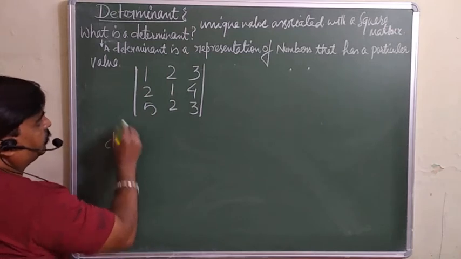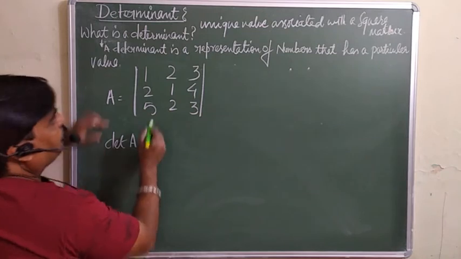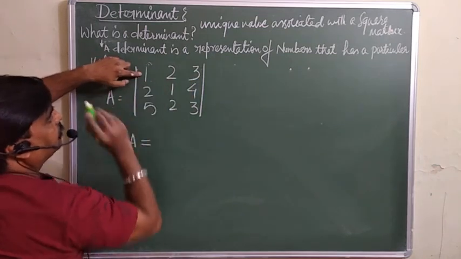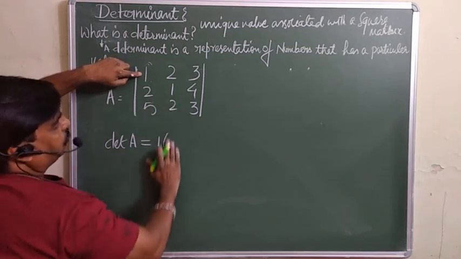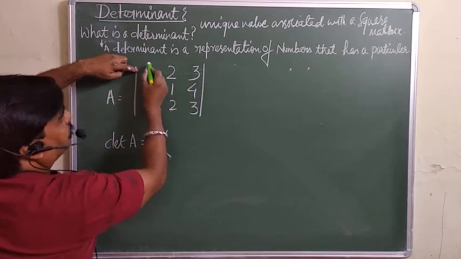For the first row, for the element 1, we delete its row and column.